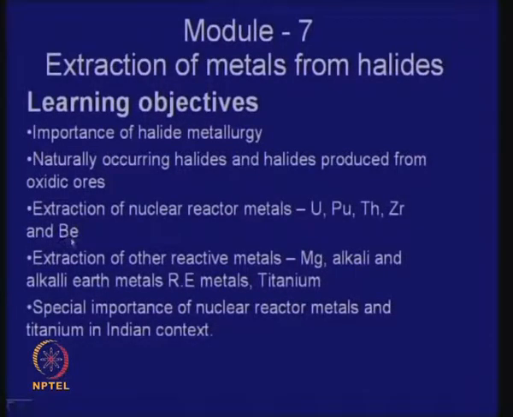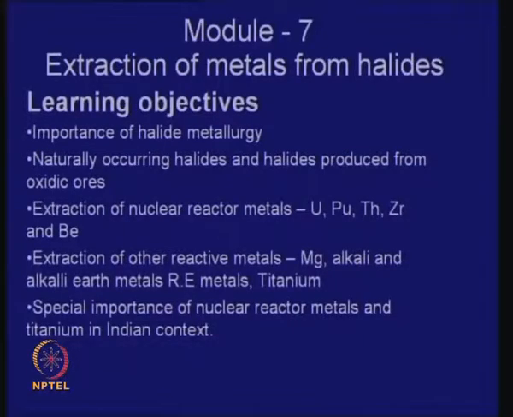Beryllium has an opposite role. It is a moderator. It can slow down thermal neutrons. So, we will need both this and this in the construction of nuclear reactors. Now, all these are also known as reactive metals, because they are very reactive, they produce very stable oxides, and because they produce very stable oxides, in theory they can be reduced at high temperatures by carbon, but they will all form carbides.